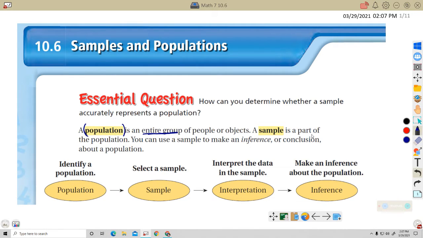Now, a sample is a part of the population, and you can use a sample to make an inference or conclusion about a population. In one of my previous jobs, I did sample inspecting. The company I worked for bought parts, like sheet metal parts or plastic parts from other companies. And we did not inspect them all, but we did what was called a sample inspection.